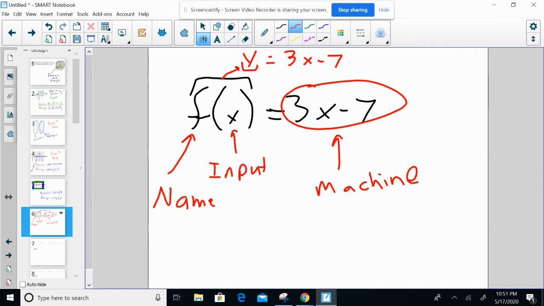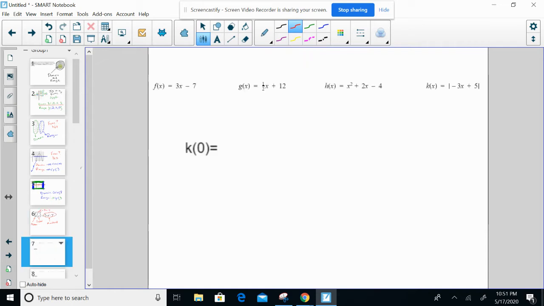So for example, let's take a look at this. It says k of 0. That's how you'd read that. So the k is the name. You're going to look at your functions. This is f, this is g, this is h. There it is, that's k. That's the function we're going to use. Now, what do you notice about k of x to here?